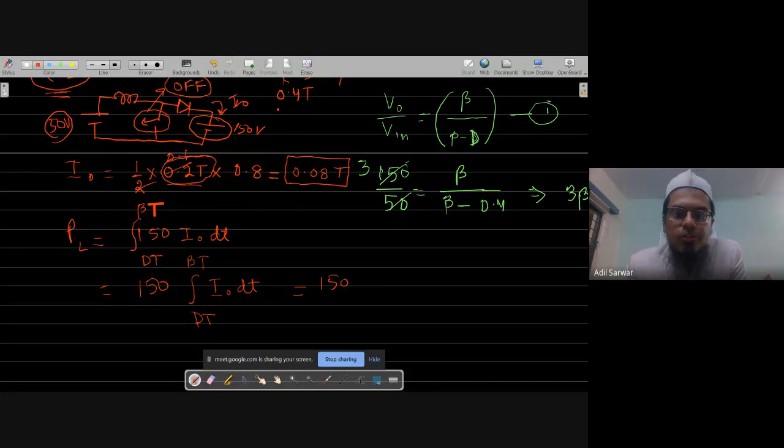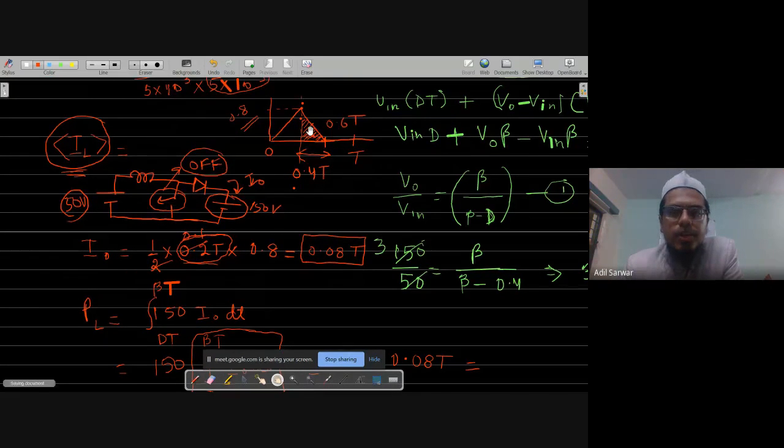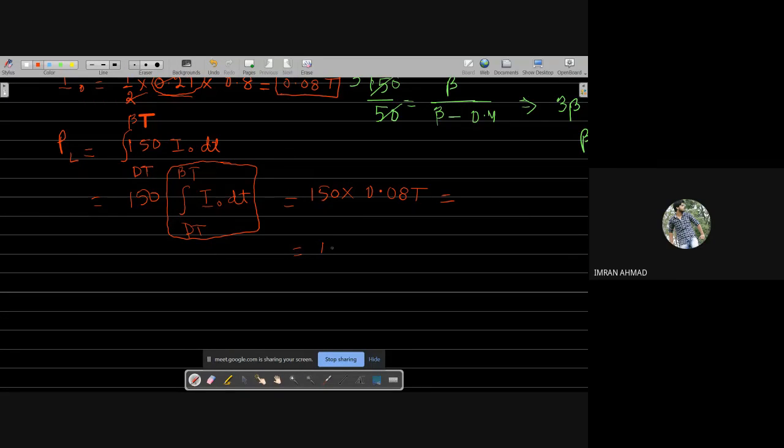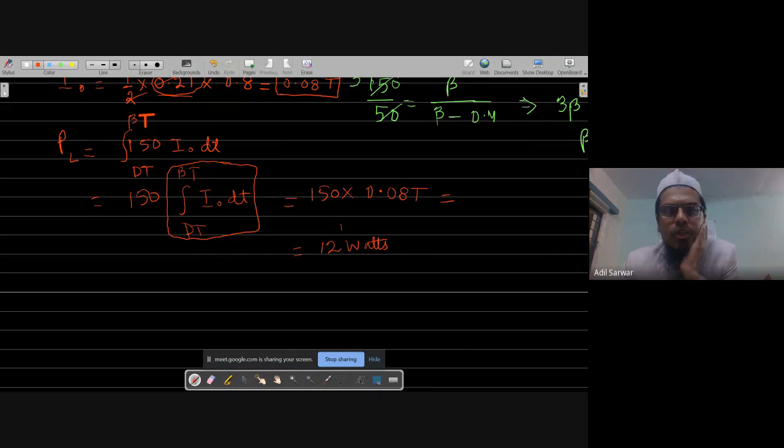Now this is equal to 150 into 0.08 t, isn't it? So this is, what is this? Area under this curve. Okay. So this will come out to be how much? It is, sorry, 12. It will be 12 t watts.